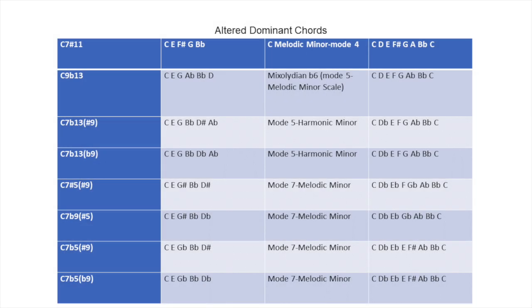The reason why this is so necessary, I can remember way back when I first started to learn how to improvise, I didn't know about any of these scales or anything like that. And typically if I saw a C7 sharp 11 or a C7 flat 13, I would actually have to think the chord out. Oh yeah, the sharp 11. And I would play a C7 and I would sharp the 11.